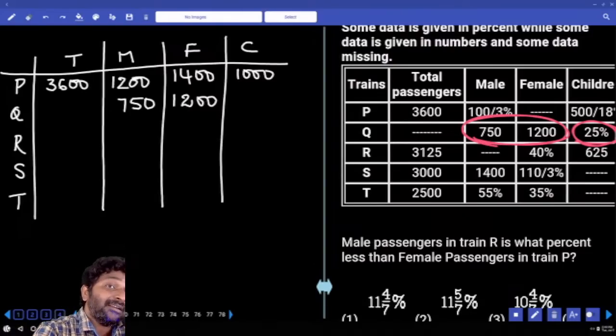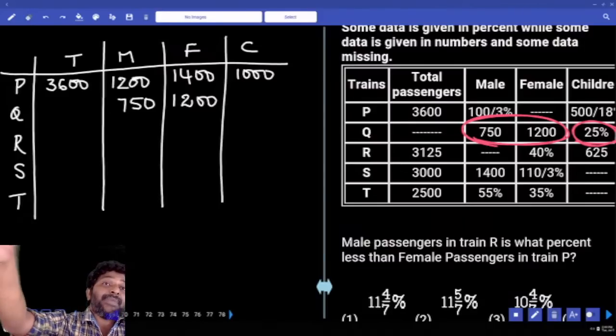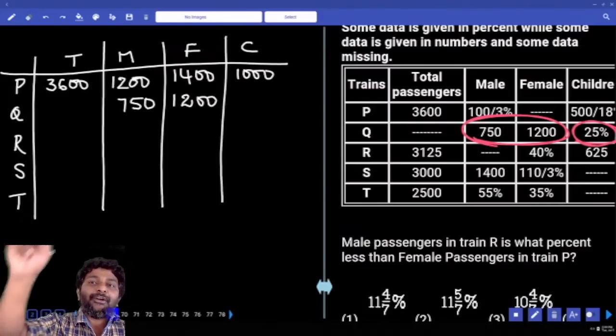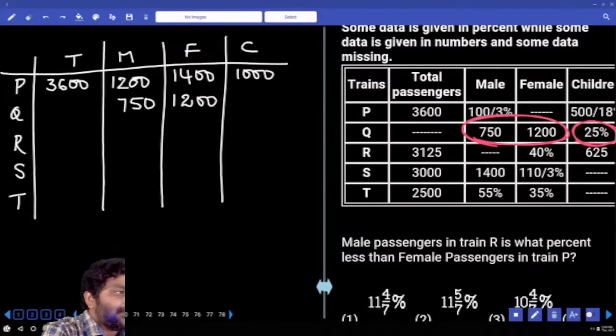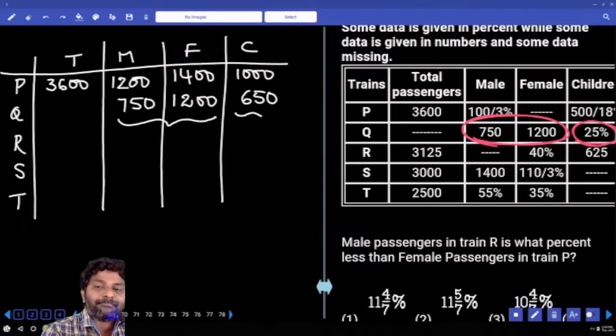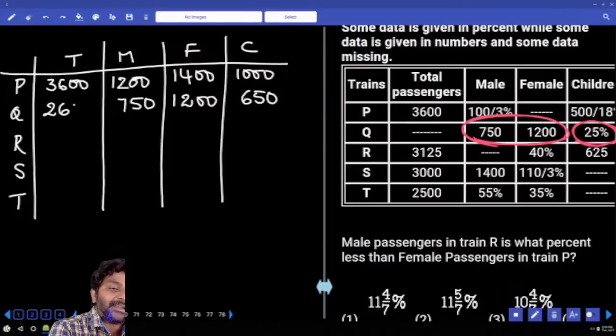So out of male and female both together, 1/3 are children only. Male and female both together, 1950. 1/3 of it, 650. Okay? 1950 plus 650, 2,600. Yes.